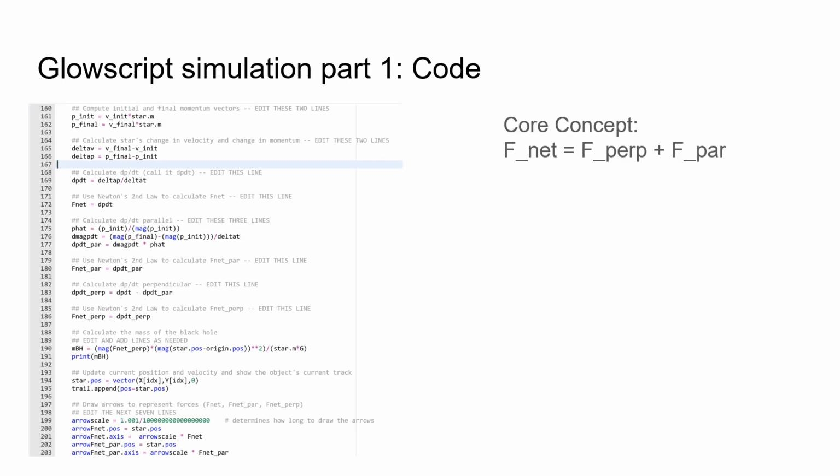Here's my GlowScript code for part 1. The main concept used here was that F net is equal to F perpendicular plus F parallel, and you can see that demonstrated from lines 174 down to about line 186. Basically, we split the force F net into F perpendicular and F parallel.